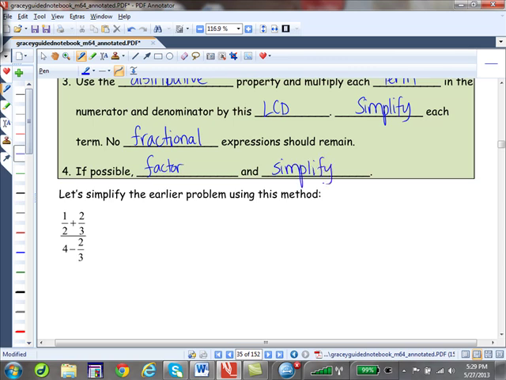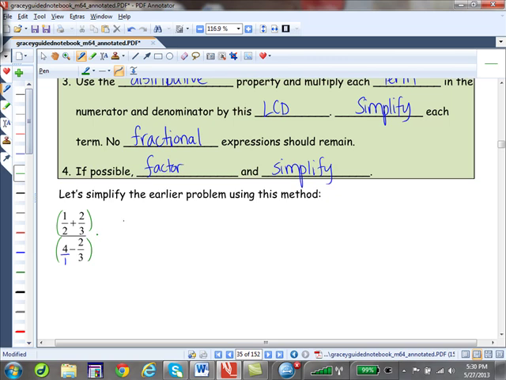Okay, so our old friend, 1/2 plus 2/3, all divided by 4 minus 2/3. We are going to use the other method. So do you see that the denominators that we have in this expression are 1, 2, and 3. The LCD of 1, 2, and 3 is, good, 6. So this is what we do.